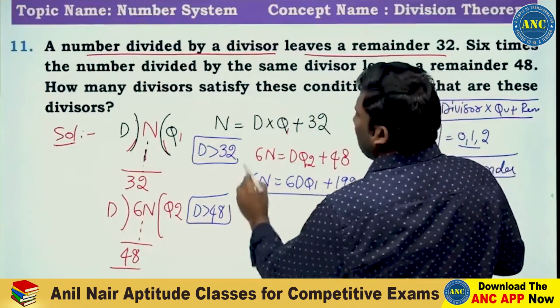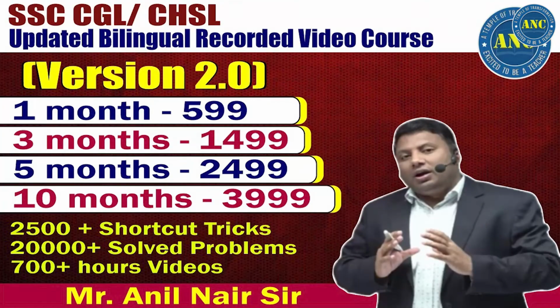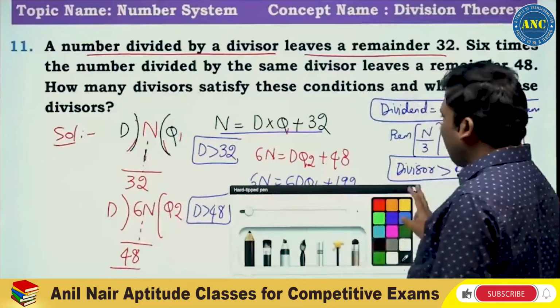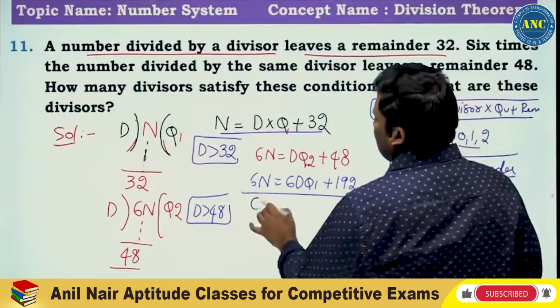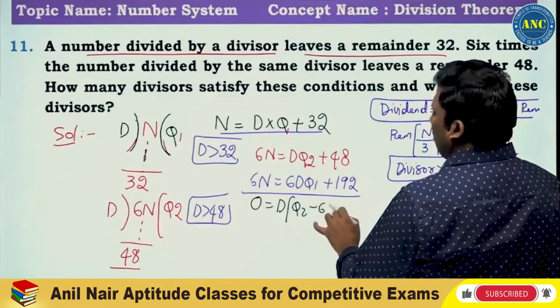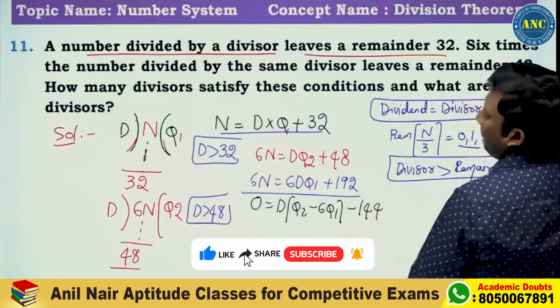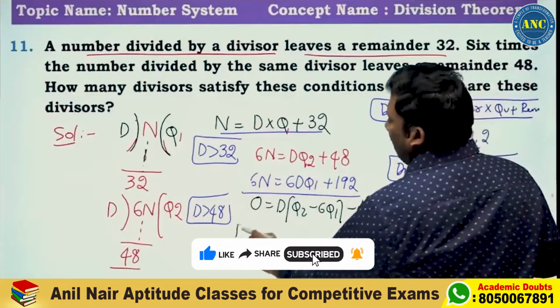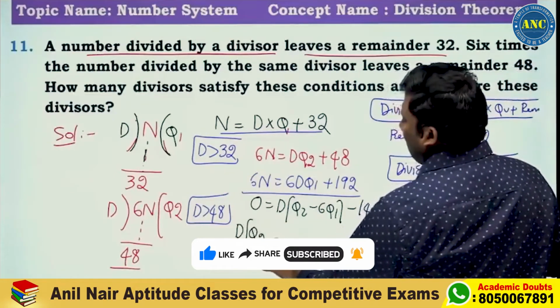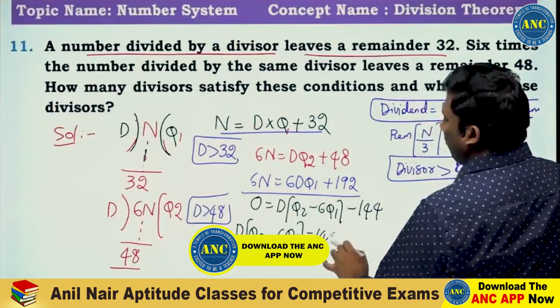I multiplied by 6. So the second is 6n equivalent to d into q2 plus 48. Now listen carefully. 6n minus 6n is 0. d into (q2 minus 6q1) equals 48 minus 192, which is minus 144. I hope it is clear. So d into (q2 minus 6q1) is equivalent to 144.